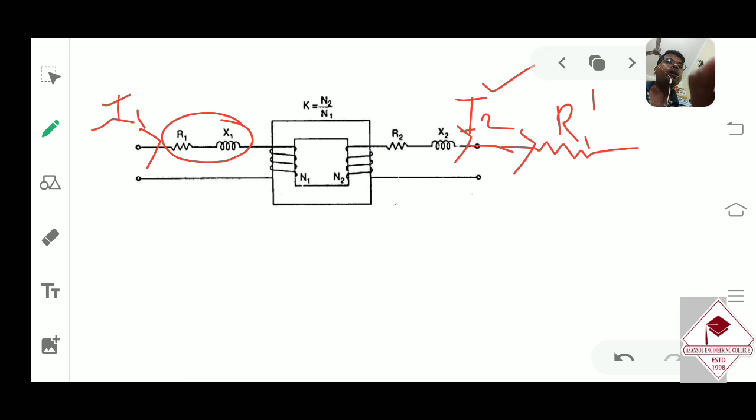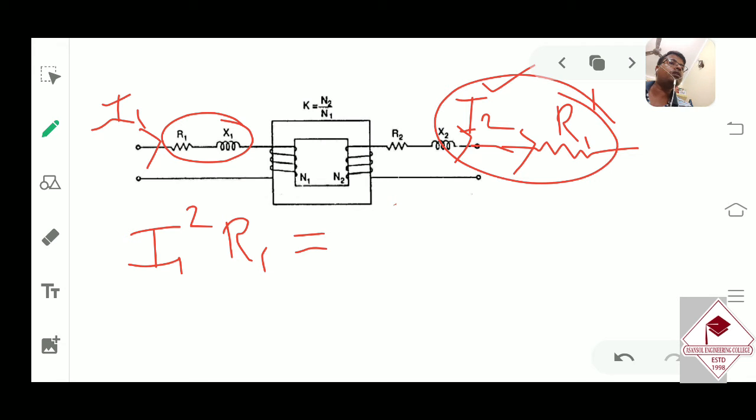So what is the copper loss in R1? The copper loss will be I1 square R1. What is the copper loss in the secondary side? It will be I2 square R1 dash.